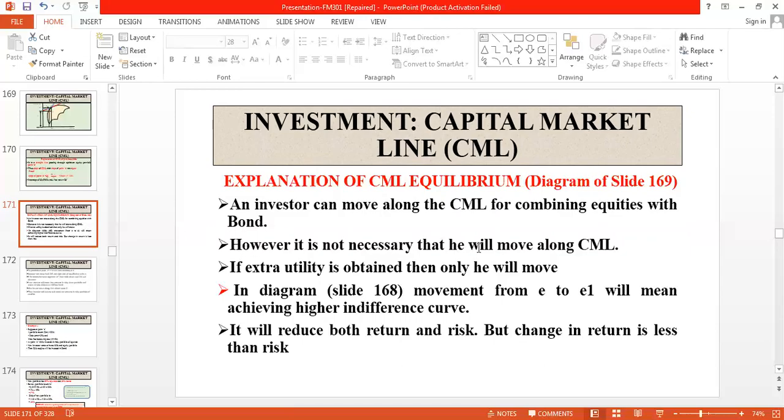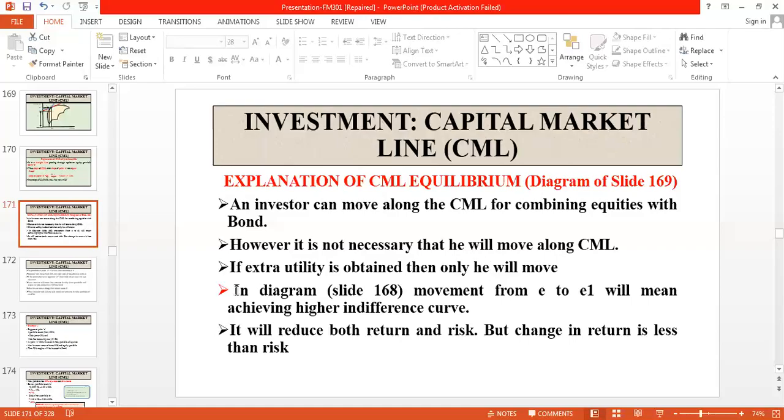It is not necessary that he will move along the CML line. That has also been clarified, because he will move only when he is better off. That means he will get higher satisfaction or utility. Next point is, if extra utility is obtained, then only he will move. Otherwise, he will not move.